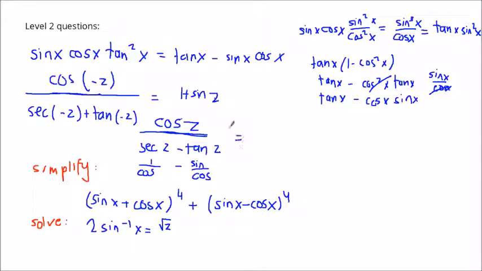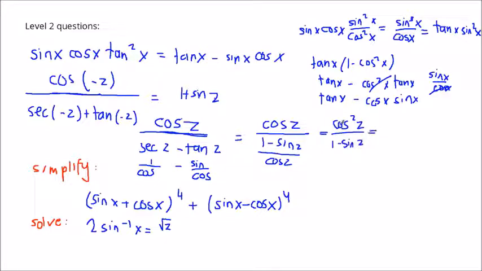Right, so this will get me, no it won't, it'll get me cosine z over 1 minus sine z, and then over cosine z again. Put the cosine on top, cosine squared z over 1 minus sine z, right? And then notice how there's only sines here, there's no cosine.